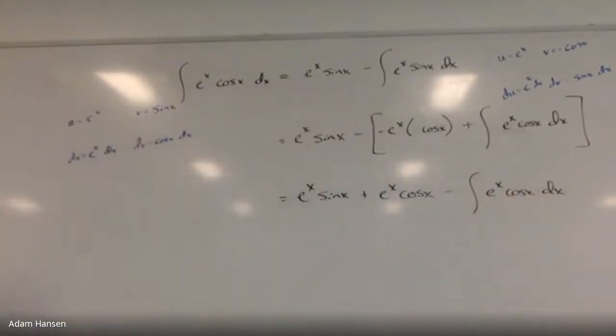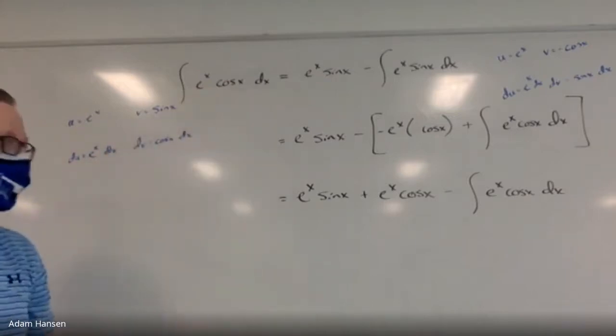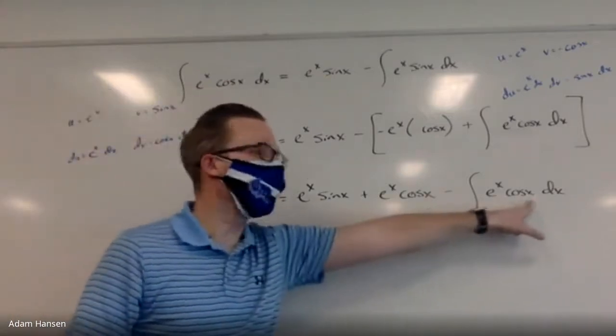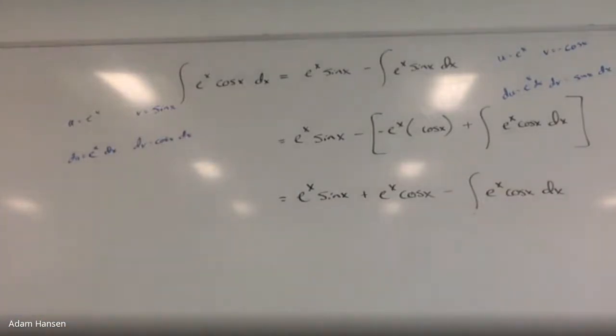Anyone see an issue? I'm in the loop, right? Looks like that's what we started with. Our whole goal was to find the antiderivative of e to the x cosine x. That's all we got right here.